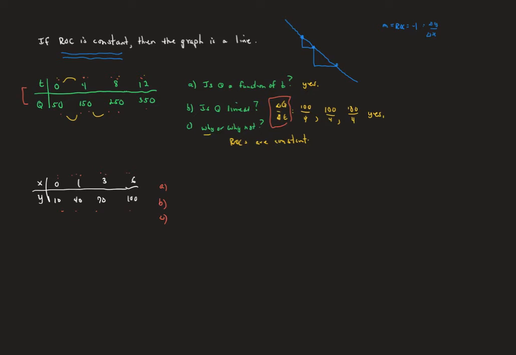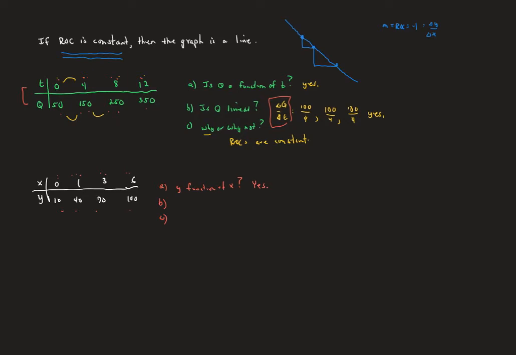Now, first, is y a function of x? Yes, it is, because again, we don't see any repeated x values, so we don't have that one-to-many occurring that would make it not be a function.